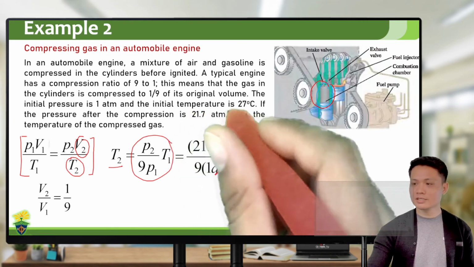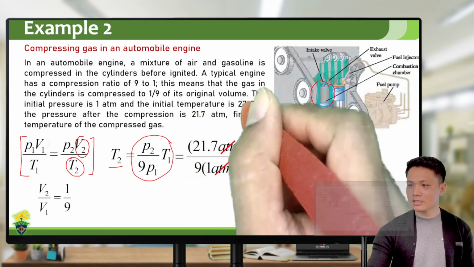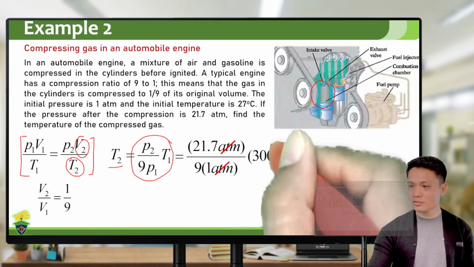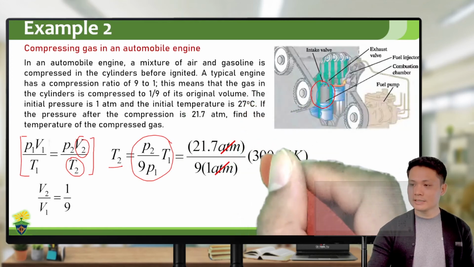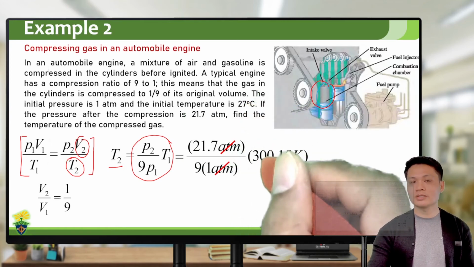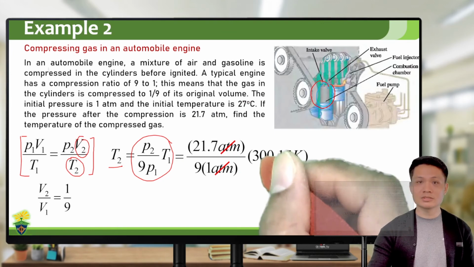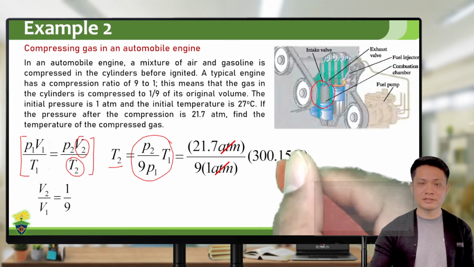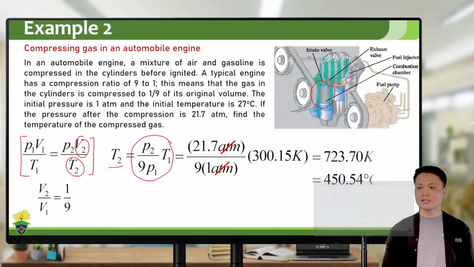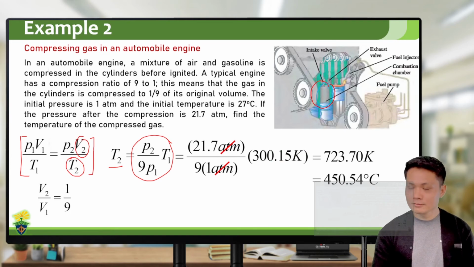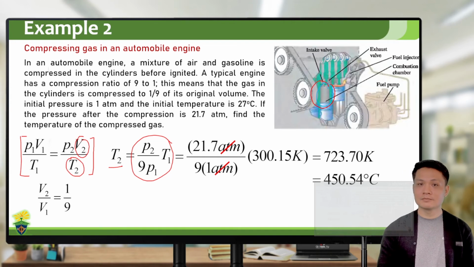And we have the initial temperature as 27 degrees Celsius. That's 273.15 plus 27, so we have 300.15 Kelvin. And from that, we solve for the final temperature, that is just 450.54 degrees Celsius.